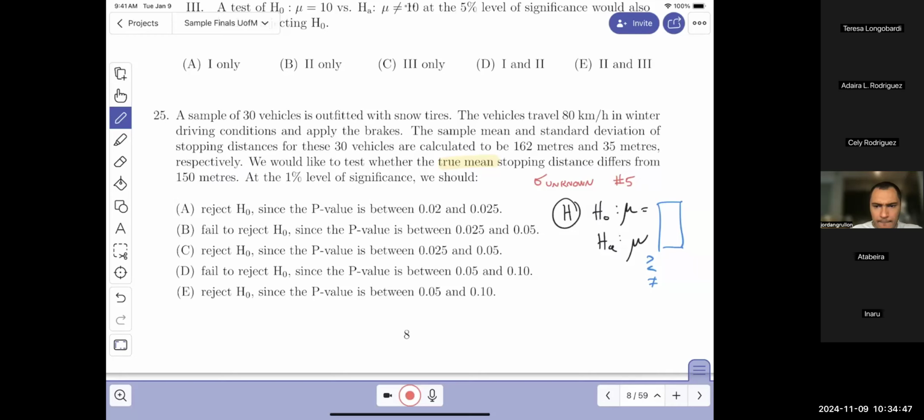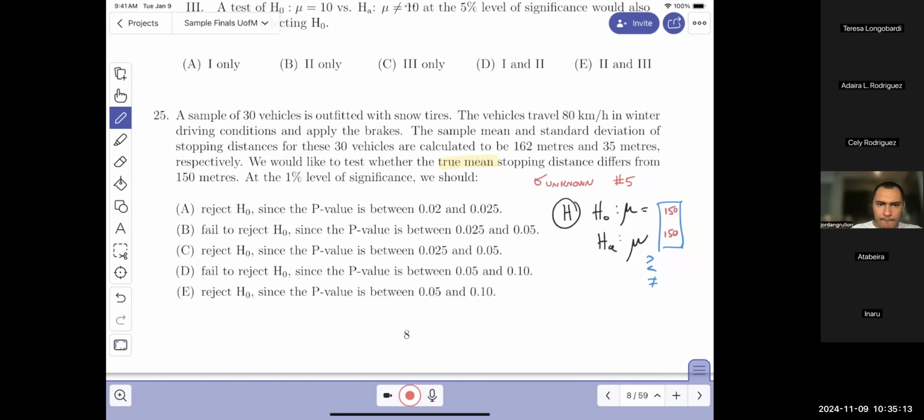A lot of numbers floating around. That's right, 150. It tells you to test 150. I'm going to use red. And 150.